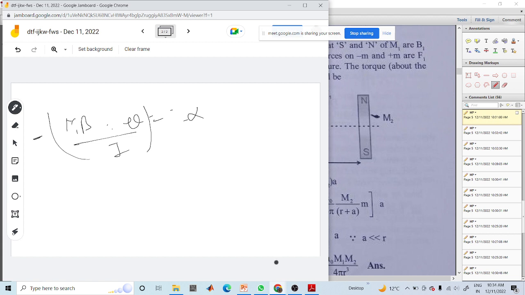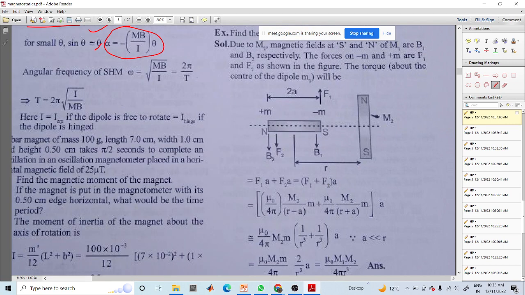And one more thing, if we go for the SHM, what you will find is that there is a condition, something like minus omega square theta.